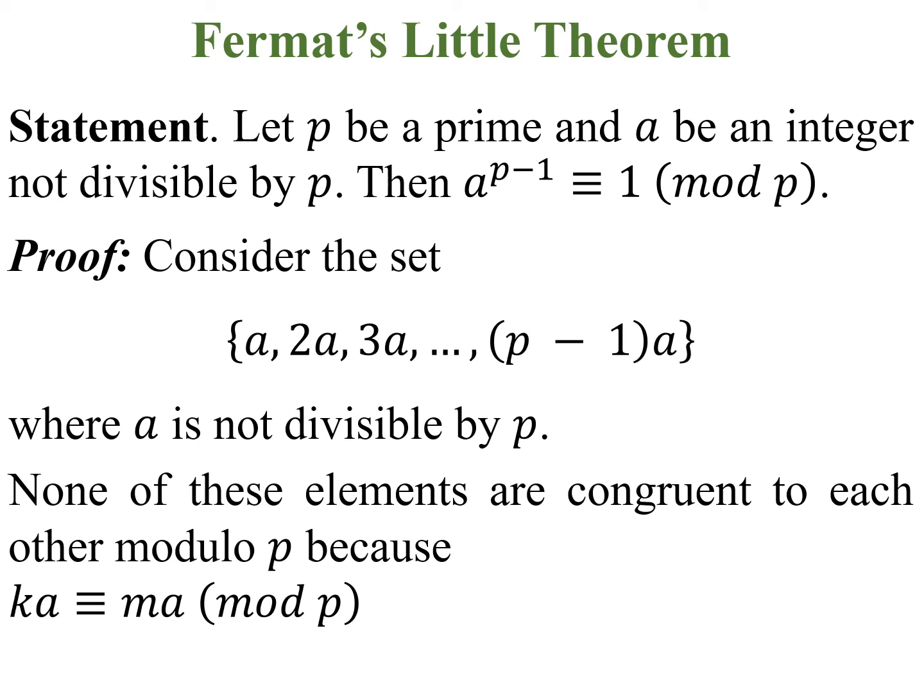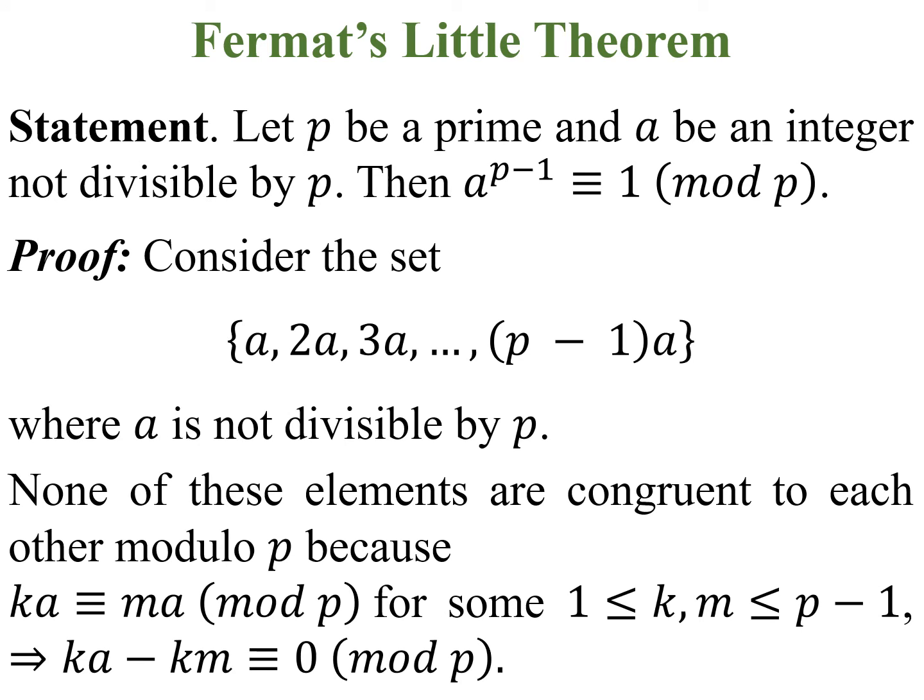You can give this reason in another way. Suppose Ka is congruent to Ma modulo P for some 1 less than or equal to K, M less than or equal to P minus 1, meaning K and M are among 1 to P minus 1.